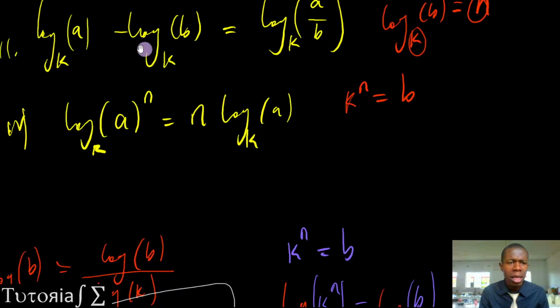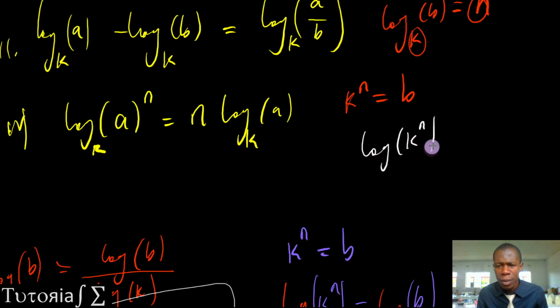How you can change that to logs is simply by introducing logs both sides. So that is log of k to the power n is equal to log of b, and we can drop the power.